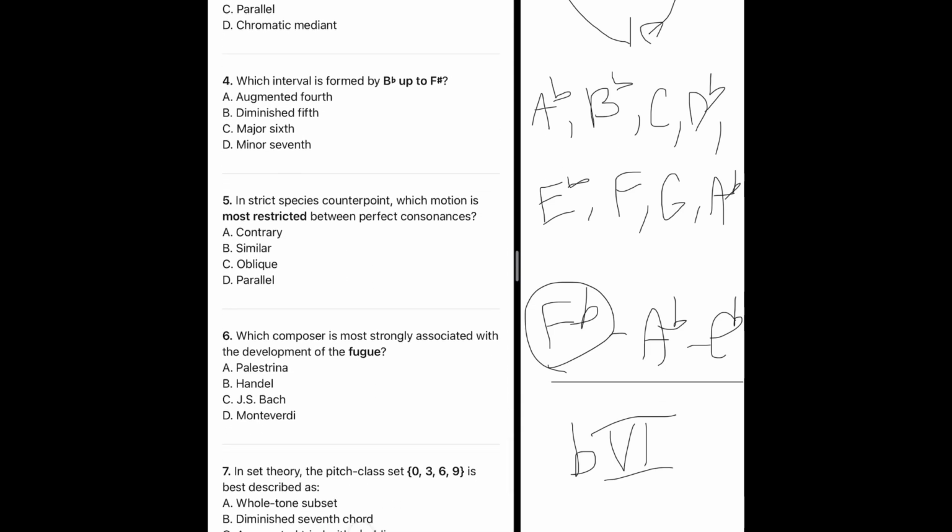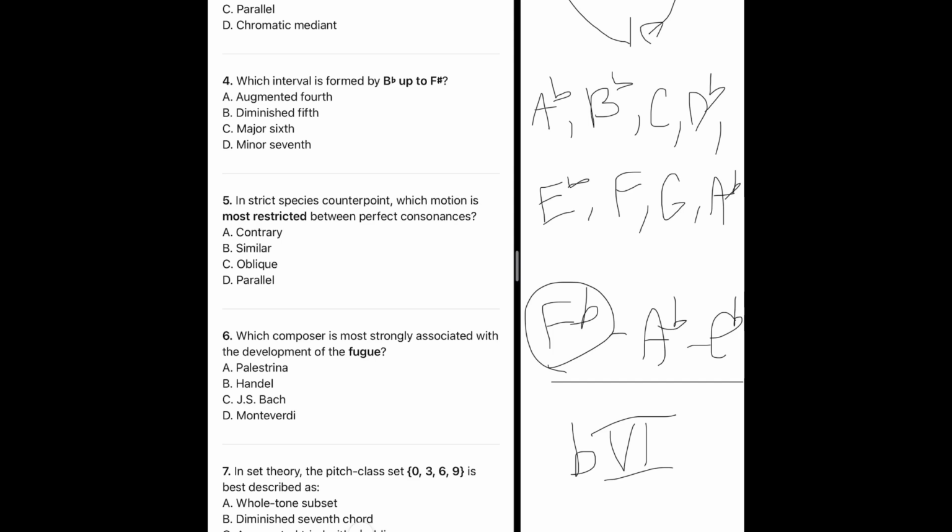Which is the enharmonic equivalent of the interval B flat to F sharp? B flat and F sharp. If I talk about this, B flat and F are going to be a fifth, so I would say no. It's not a diminished fifth, because then again it has to be a flat in there.